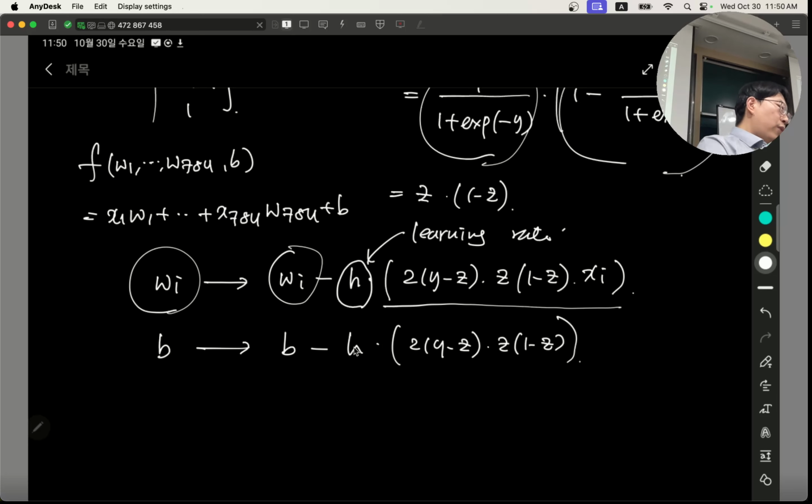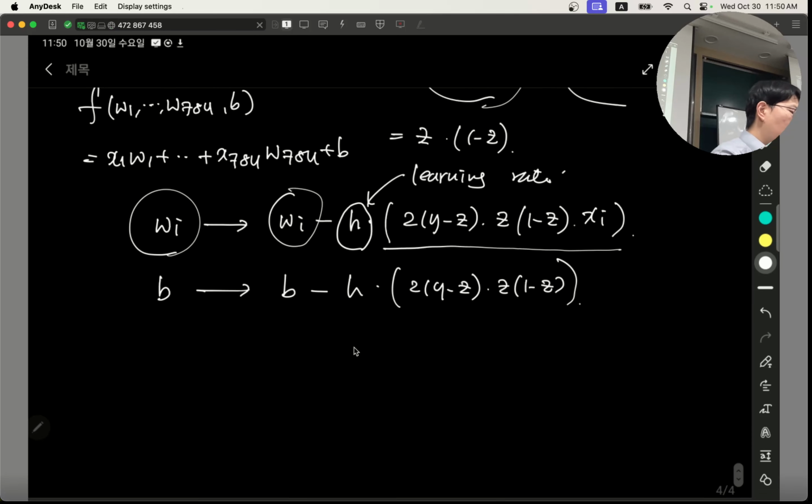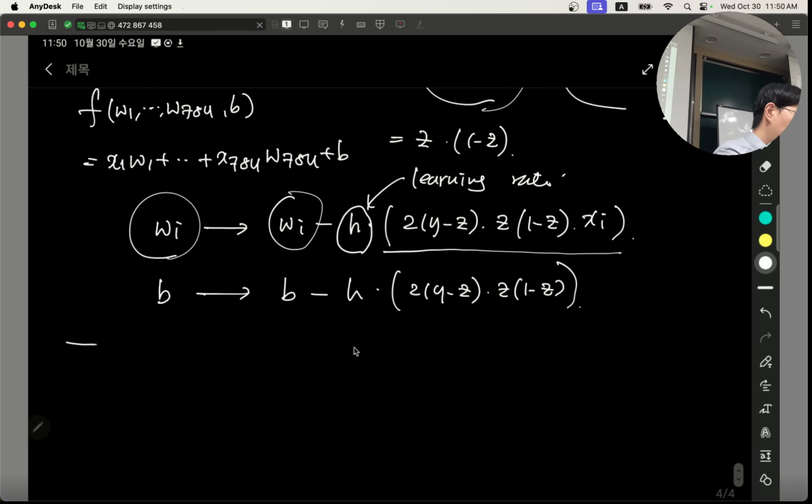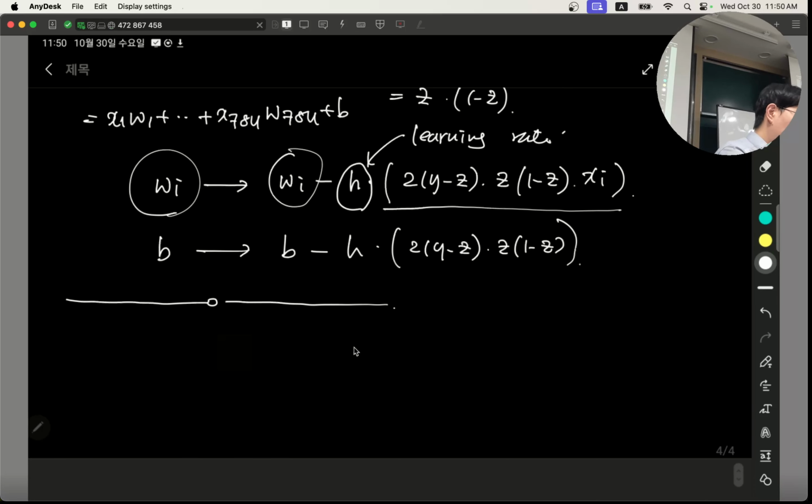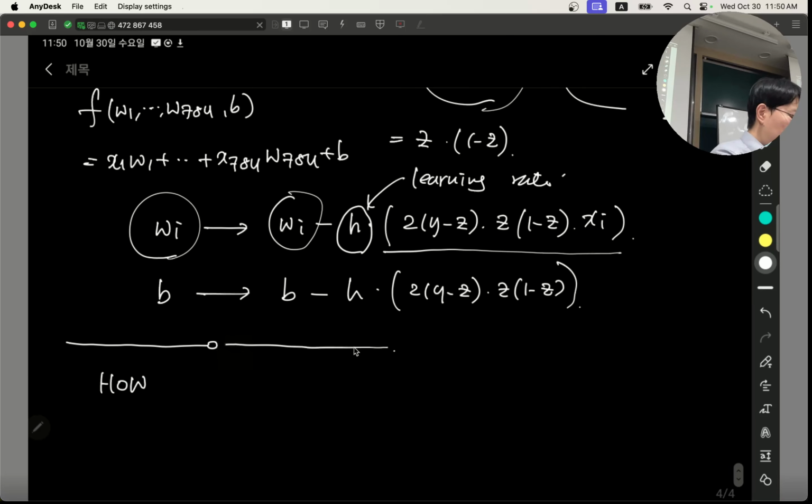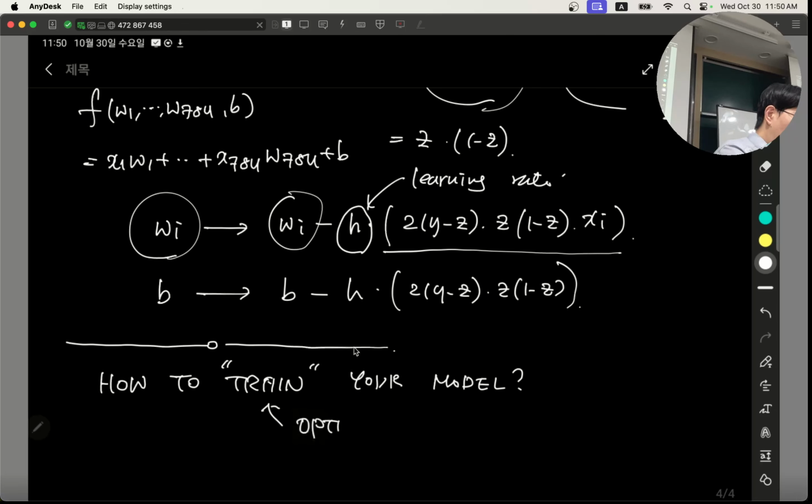So there are many ways to train this model. One way is what I already put in the slide. Here is a separate issue: how to train your model. Train means optimize.